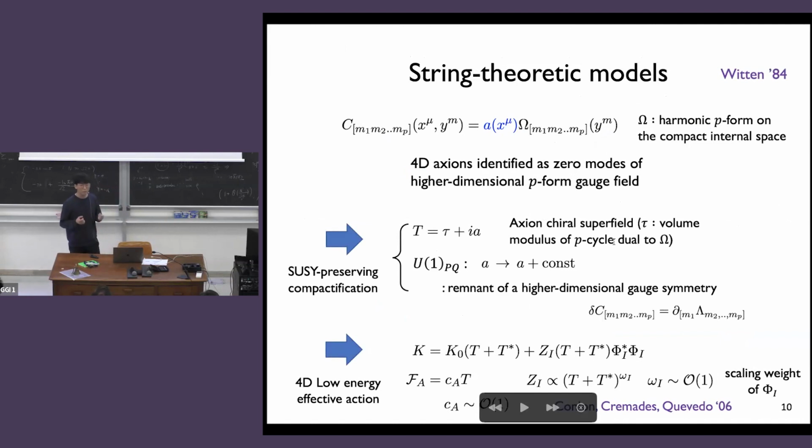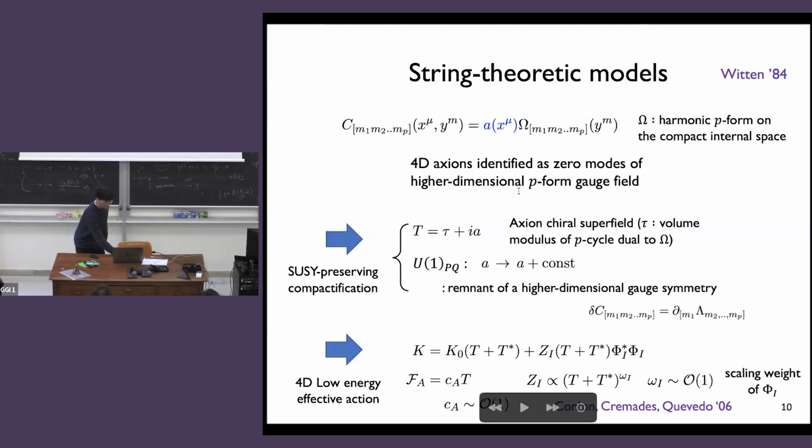So in string theory, we have extra dimensions, and string theory predicts many kinds of higher dimensional form field with p indices. The anti-symmetric tensor field with p indices is called the p-form gauge field.